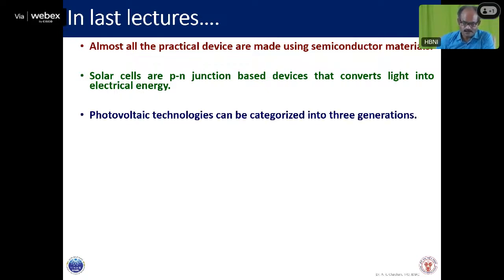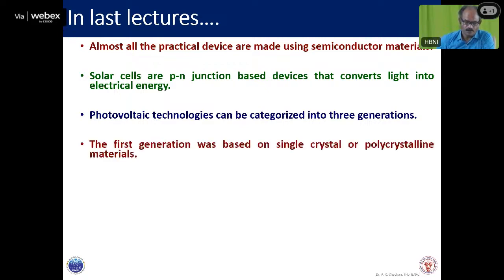Photovoltaic technologies can be categorized into three generations. In the first generation, there were solar cells based on single crystals or polycrystalline materials, basically wafer based.